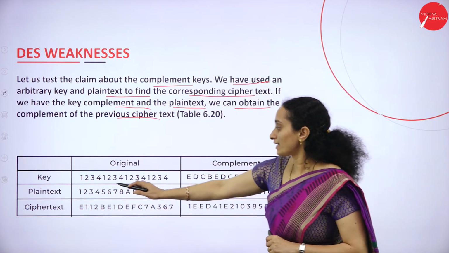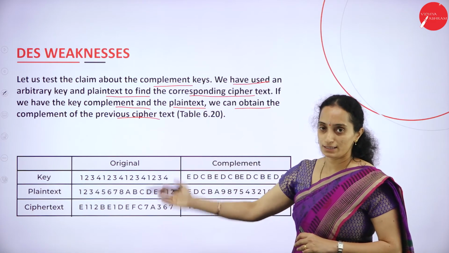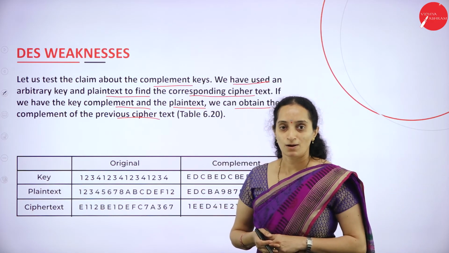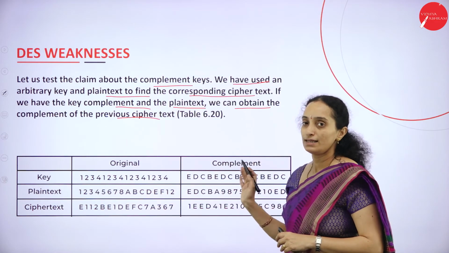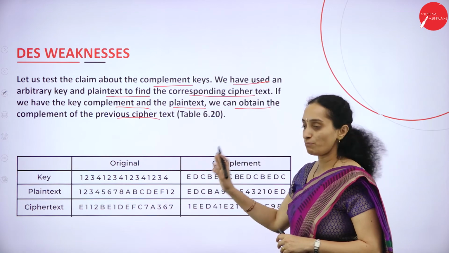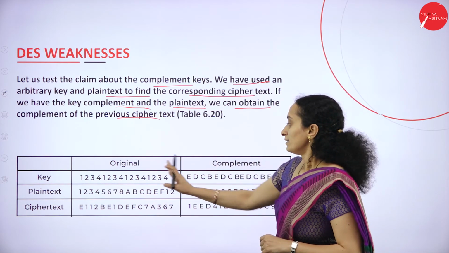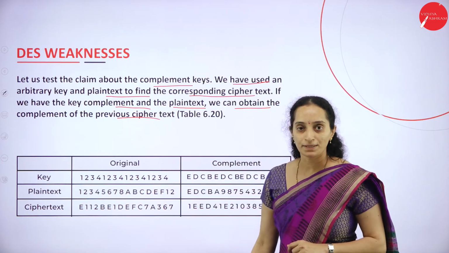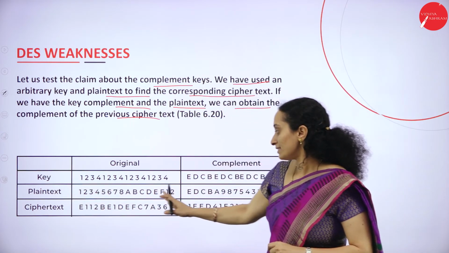We have the key 1234, 1234, same, it is the original. The complement is EDCB. 1 is complemented with E, 2 is complemented with D, 3 is complemented with C, and 4 is complemented with B. So we have the complement. Again, the plain text is this one.